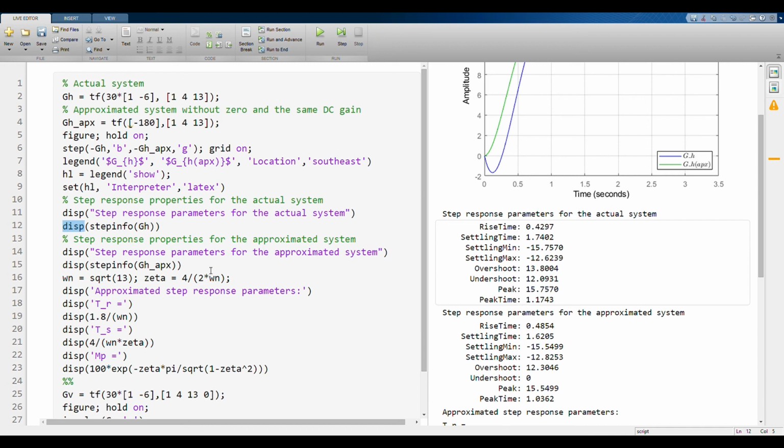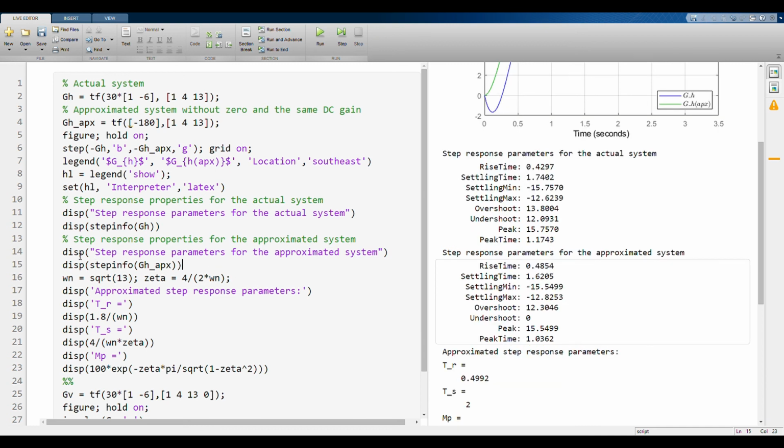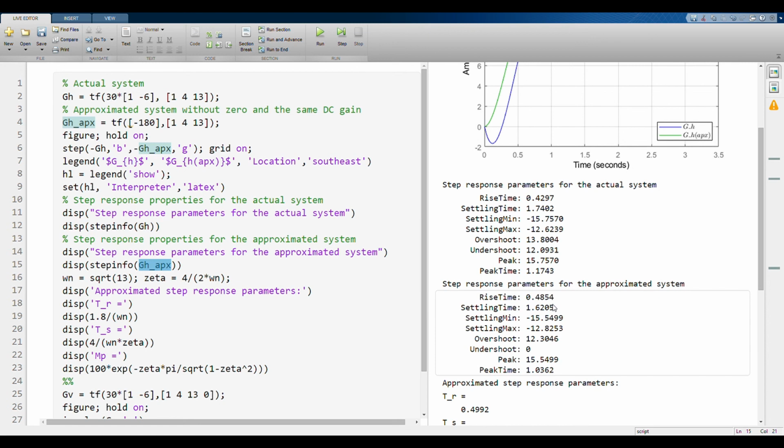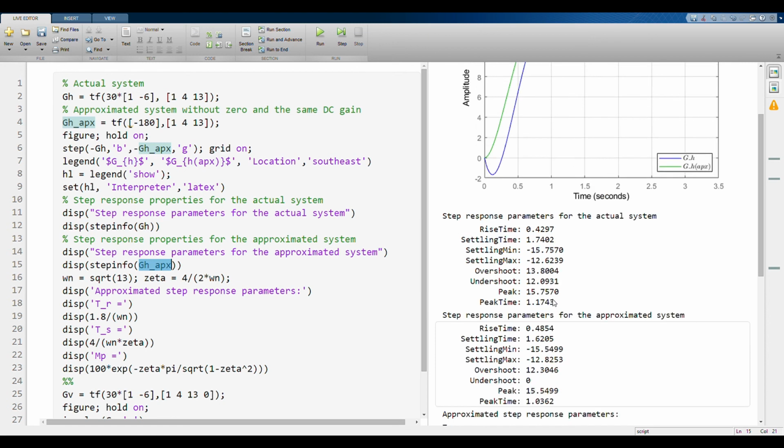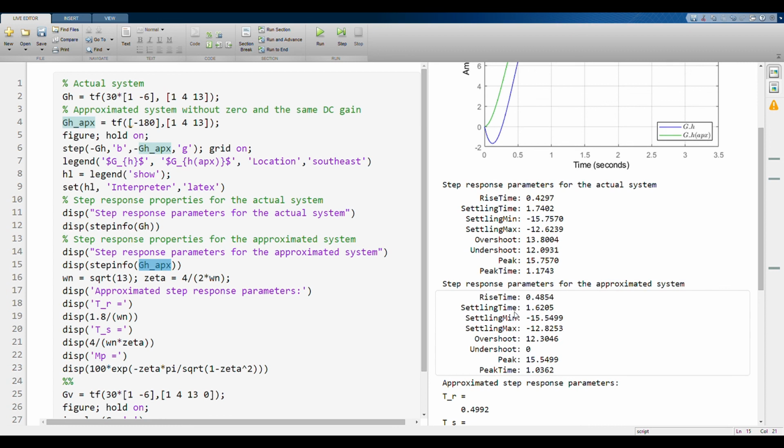Then we have the step response parameters for the approximated system. You can see the values over here for the approximated system. The rise time is equal to 0.4854, which is a bit more than what we have for the actual system. The settling time is smaller.